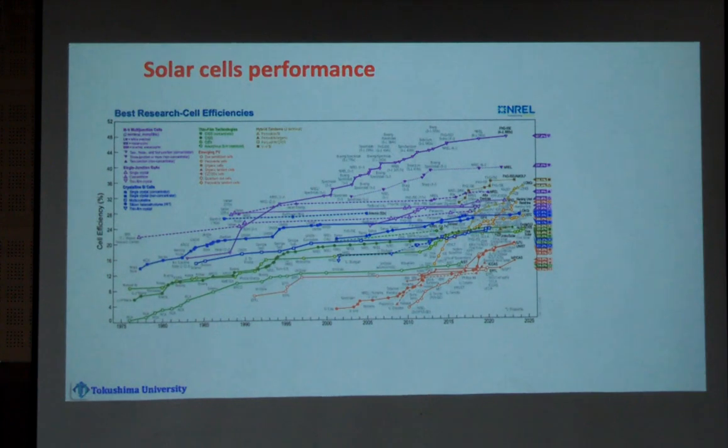This figure, I think you cannot see it clearly, but if you see this part, there are various research papers started from 1975. 75 is here, and this is 2025, the latest figure up to last year's paper. So far, 48% efficiency is claimed.